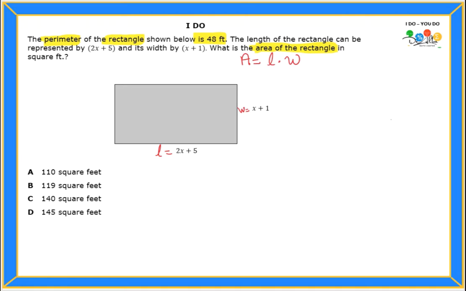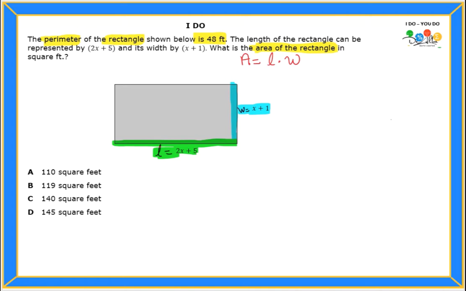So if I'm looking for the length, it will be represented with 2x plus 5. If I'm doing the width, it will be represented with x plus 1. Very important that we know who's representing what in my problem.